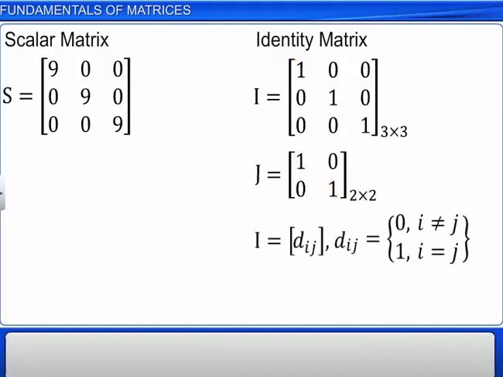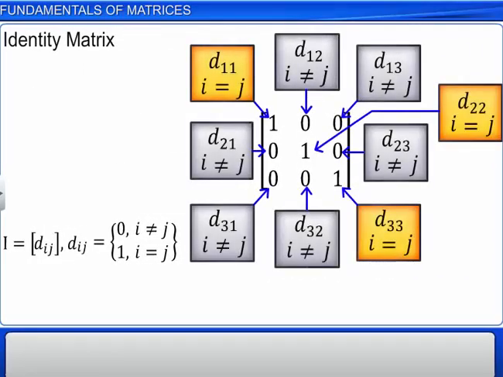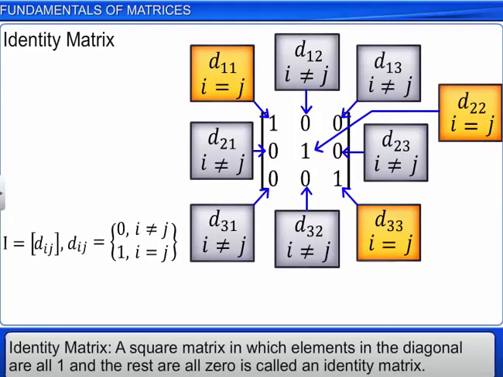General representation of identity matrix is shown here. The general representation is used to explore the example as shown. A square matrix in which elements in the diagonal are all 1 and the rest are all 0 is called an identity matrix.